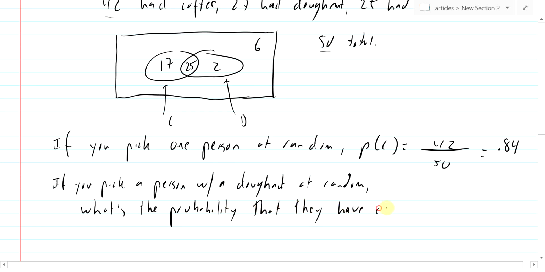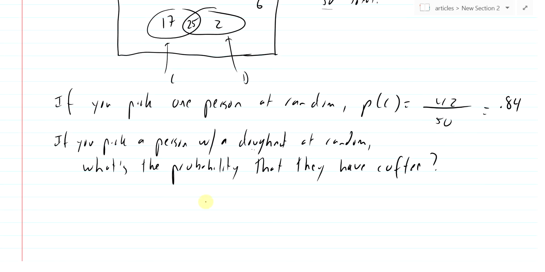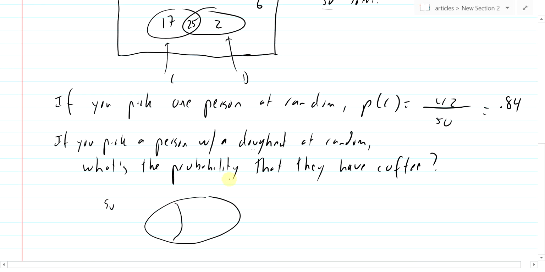This is a different question than the previous one, because here we're adding a little bit extra information. We're only looking at people who have donuts, not all the people in the coffee house. So if we just look at the donut circle, what do we find? 25 people with coffee, 2 people without.